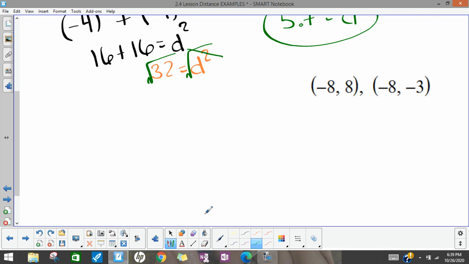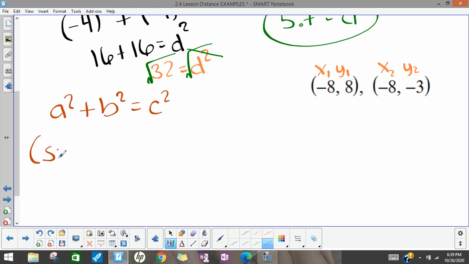So let me do one more. Again, if I want to know how far apart these are, I'm going to start by labeling them x1, y1, x2, y2. I'm organizing my thoughts, writing the formula I'm going to use, which is the Pythagorean theorem, and then modifying it to say A is subtracting the x's, B is subtracting the y's.